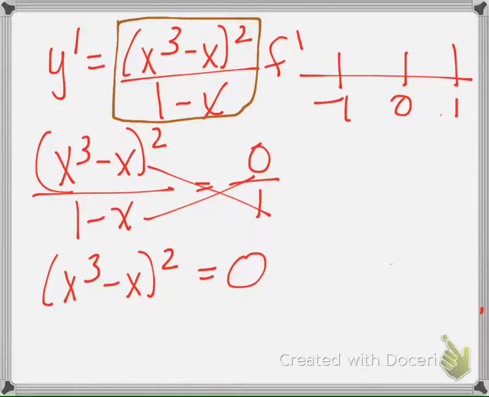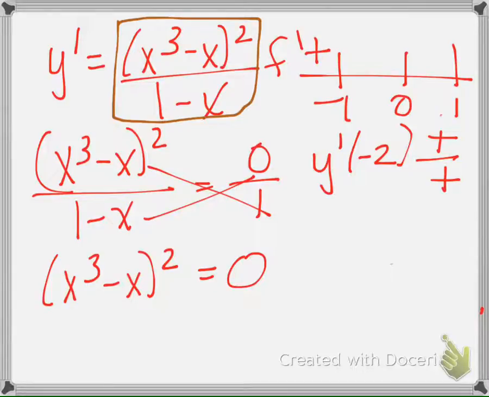If you do y prime of, let's say, -2, on the top you're always going to get a positive value because it's squared, and on the bottom you're going to get 1 minus -2, which is going to give you a positive. Positive over positive is positive.